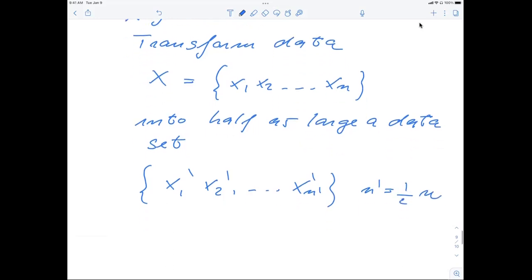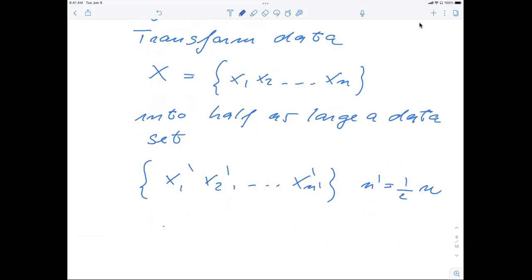This means that we need to redefine the x's. So this x of i prime is equal to 1/2 times x of 2i minus 1 plus x of 2i.